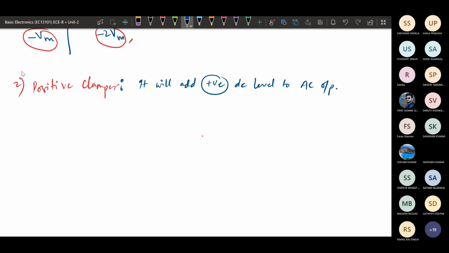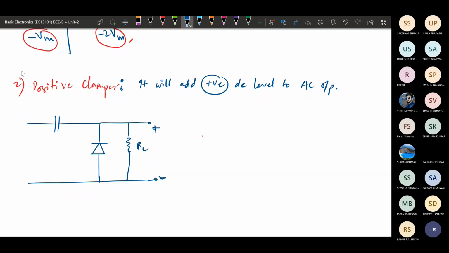The only difference is we will be replacing the diode with the capacitor and the capacitor with the diode from the previous case, like in the negative clamper. So here the circuit of the positive clamper has a capacitor first and then a diode, and across this diode we connect our load resistance, and across this load resistance we get the output.